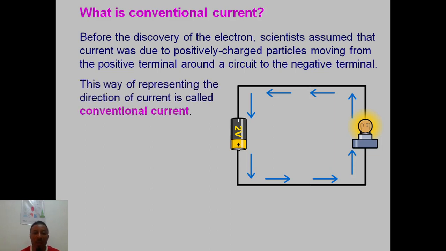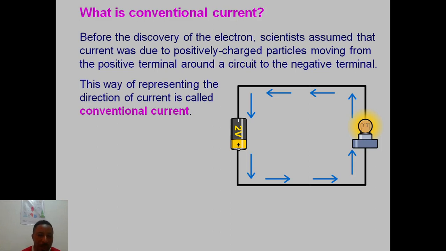This way of representing the direction of current is actually called conventional current. That is what scientists used to think before they had the proper idea.